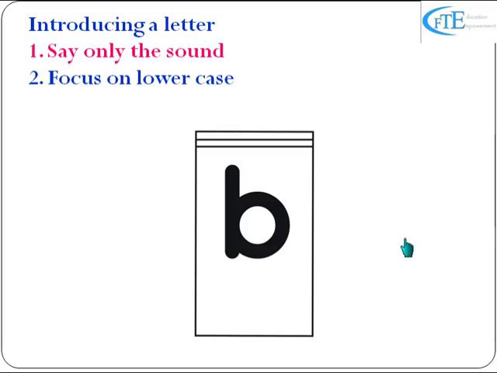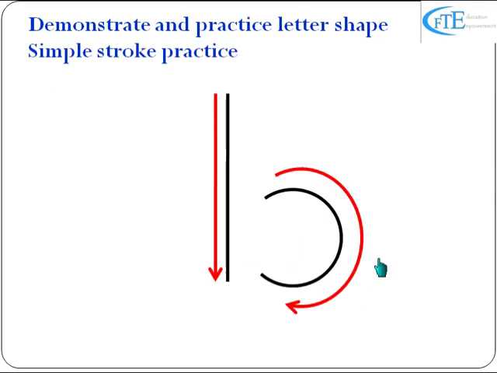Again, get your child to put a finger on this card and say the sound B, B. Get your child to finger trace it while saying the sound B, B. Demonstrate how the letter is written.